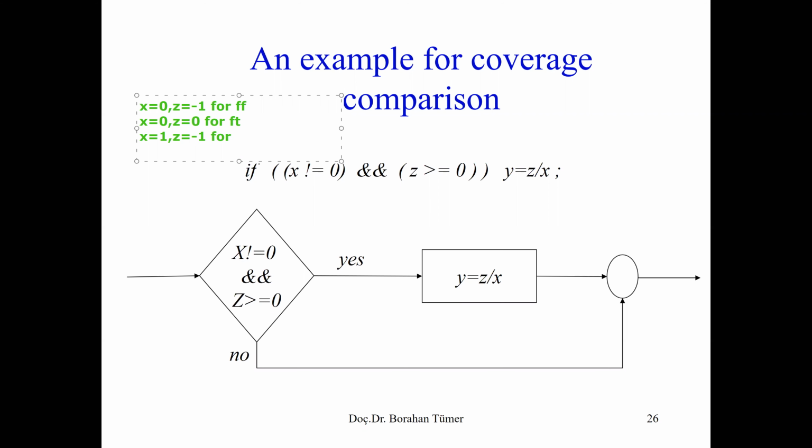For true, false, and X equals 1, Z equals 1 or 0 for true, true. Okay?